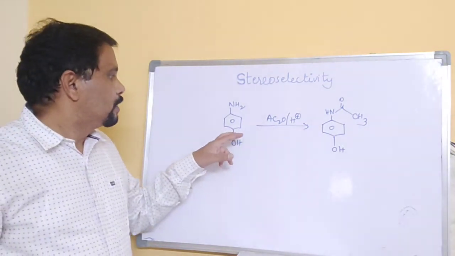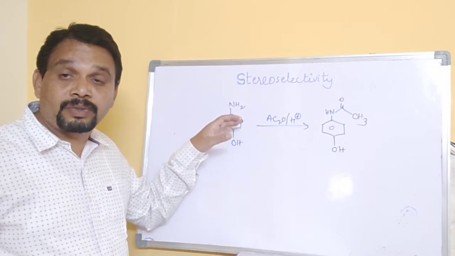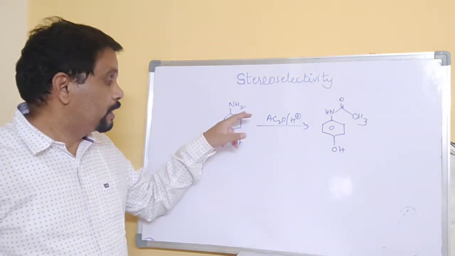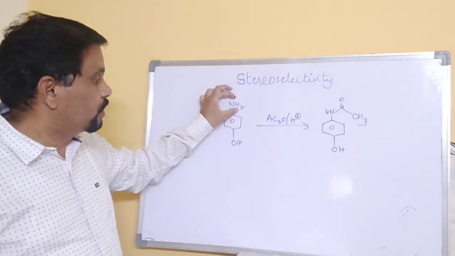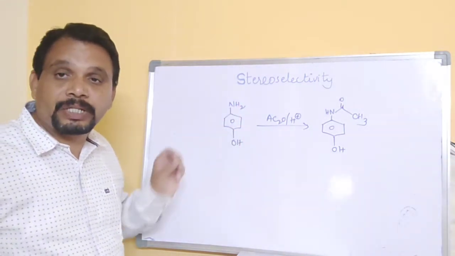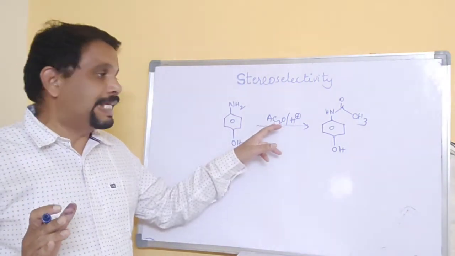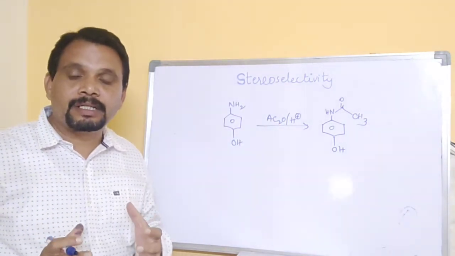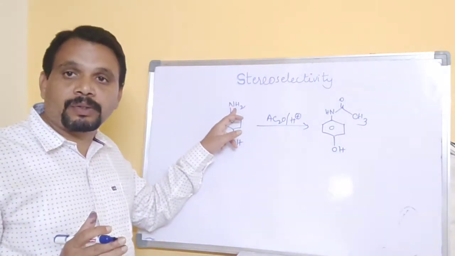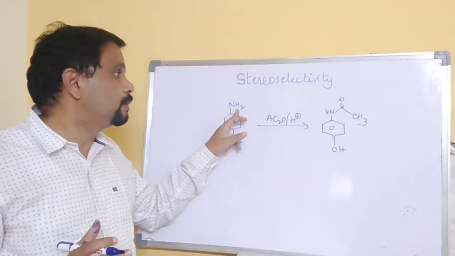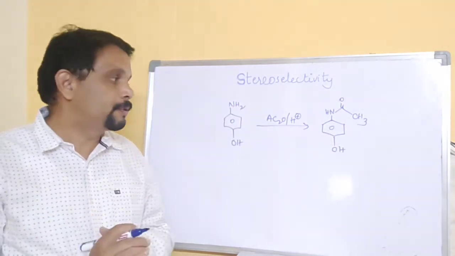So here two possibilities are there for the reaction to take place: the aniline group and the hydroxyl group. Among these two functional groups, the acetic anhydride reagent preferably reacts with the amine group and gives the corresponding product.